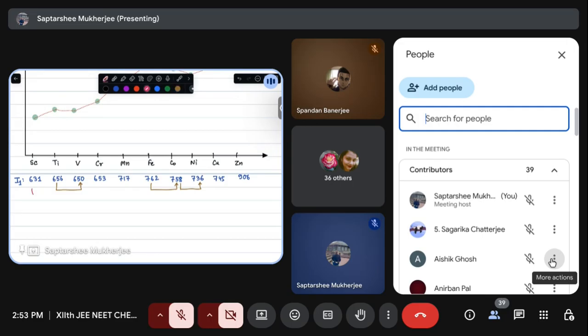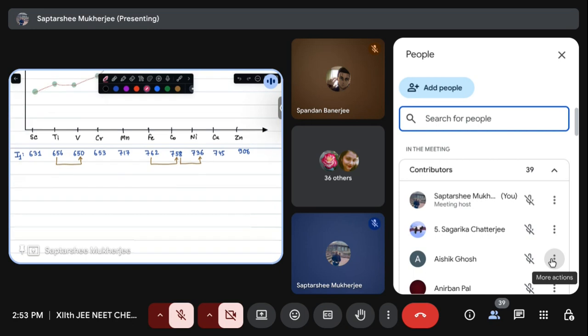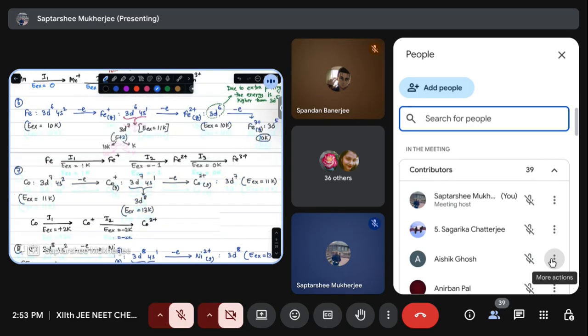Scandium first, if I keep on writing the exchange energy loss during first ionization, just check the data that we have just now solved. For scandium, how much was it?